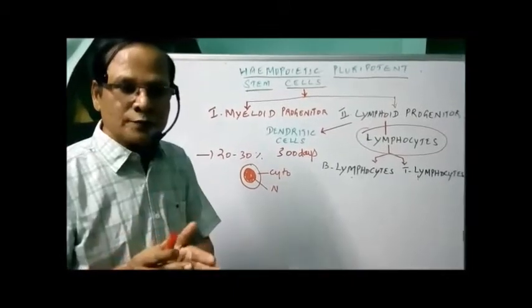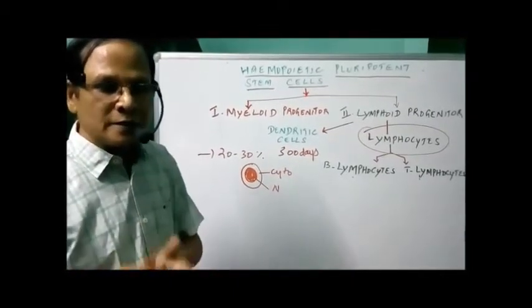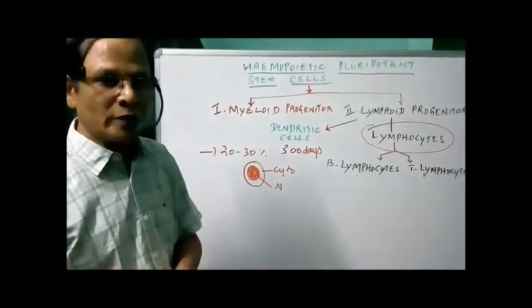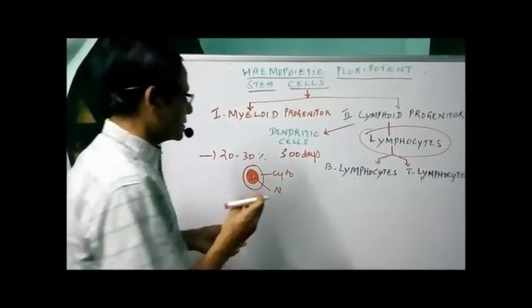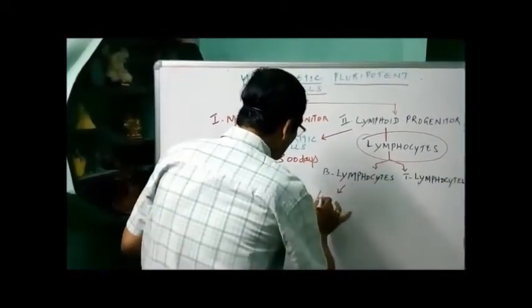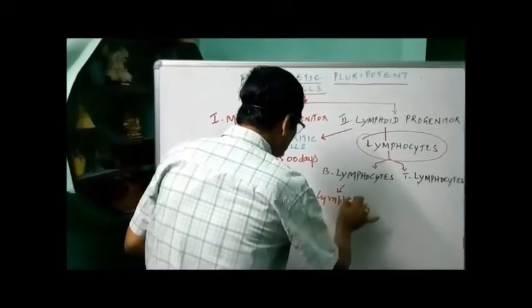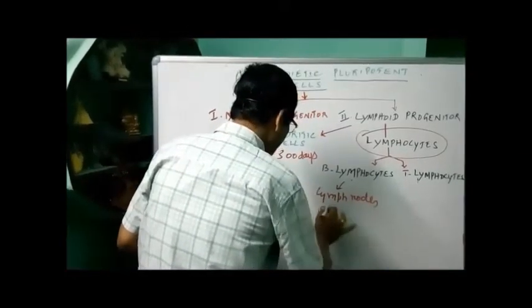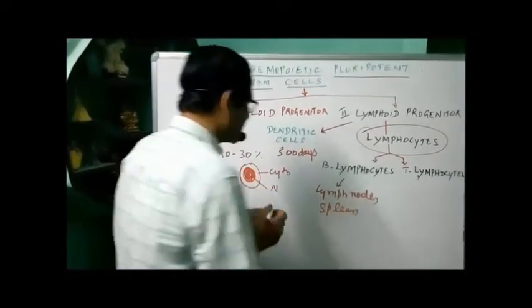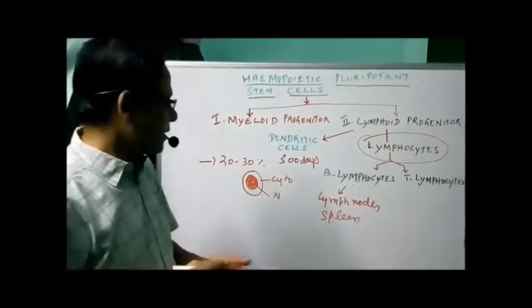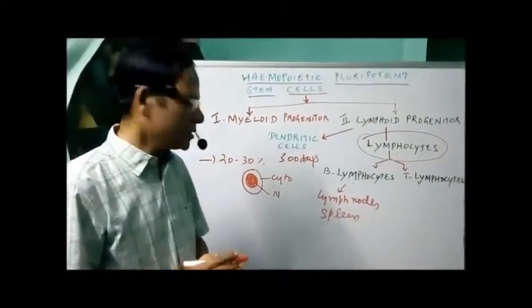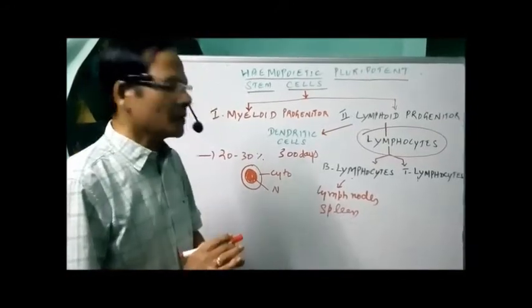Some of the lymphocytes remain in the blood and others get accumulated in some organs, like the lymph nodes and spleen.